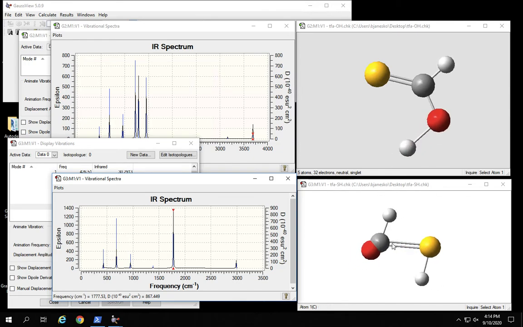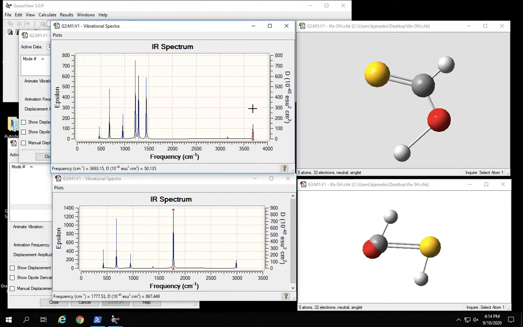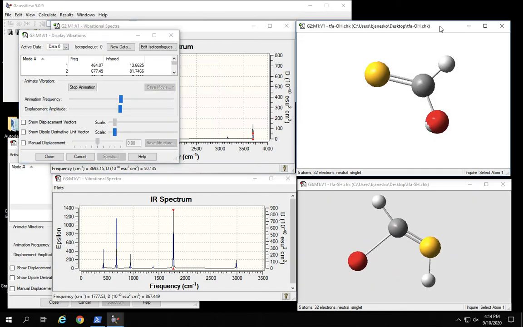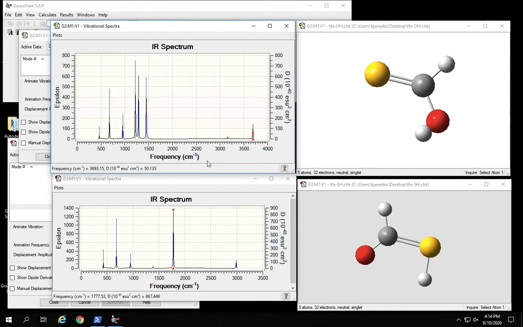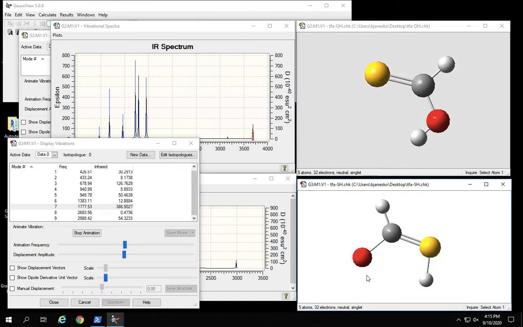And so now if I wanted to design an experiment, I'd say, well, all of my intensity in the region above 3,500 wave number is predicted to come from the OH protonated tautomer, from the OH stretch. All of my intensity in the region between about 1,500 and 2,000 wave number is predicted to come from the SH tautomer, from the carbon-oxygen, quote-unquote, double bond stretch.